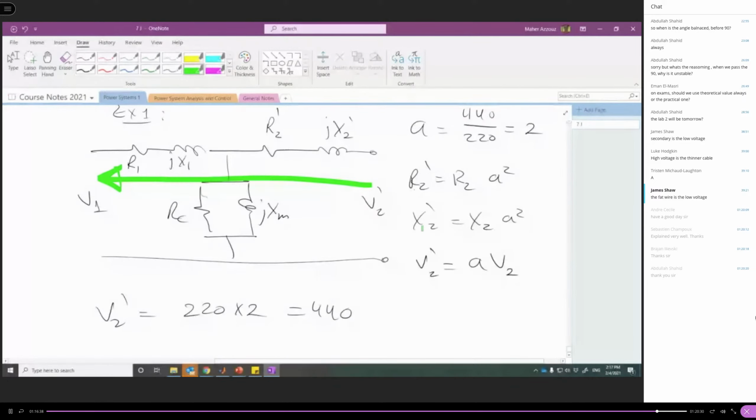So why not start from the load side and move backward to the source to see what voltage we need at the source to keep the voltage regulated on the load side. So if V2 is given, we can calculate V2 dash. Let's give it a 0 angle to be the reference.